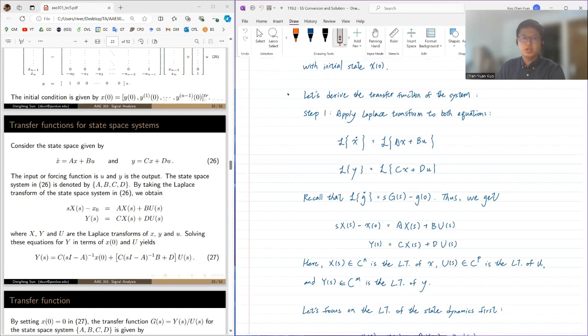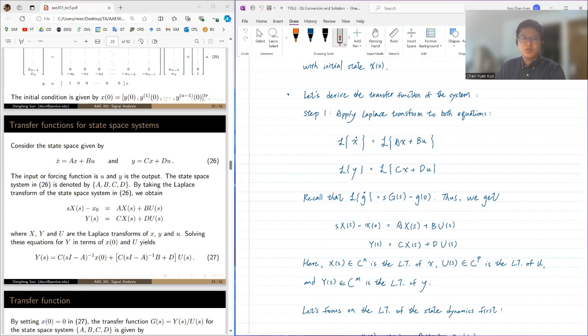Step 1. We need to apply Laplace transform to both sides of the state dynamics equation and the output equation. Recall that for a function g in the time domain, the Laplace transform of its time derivative is equal to s times g of s minus g of 0.